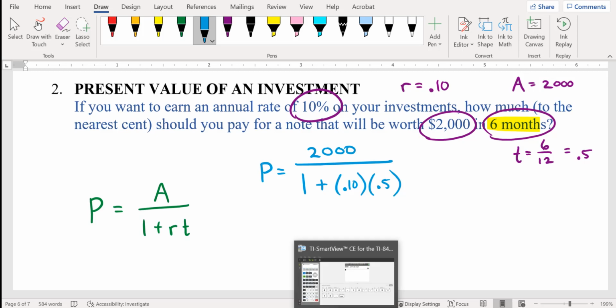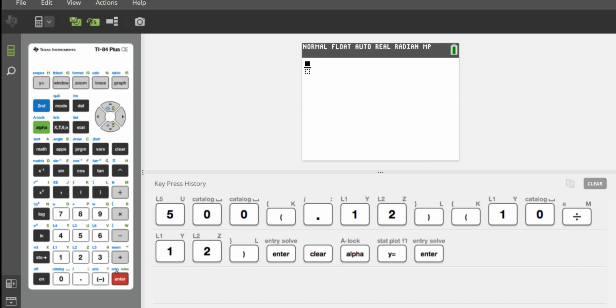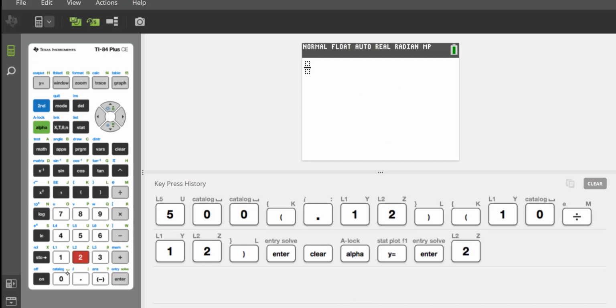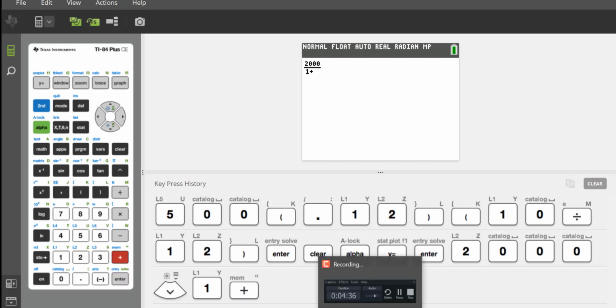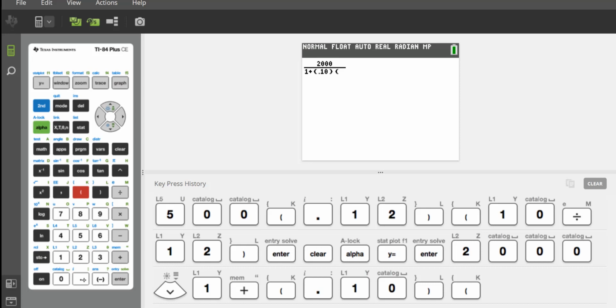On your calculator, I'm going to do alpha y equals, get my fraction, and then I want 2,000 over 1 plus parenthesis 0.10 parenthesis 0.5.